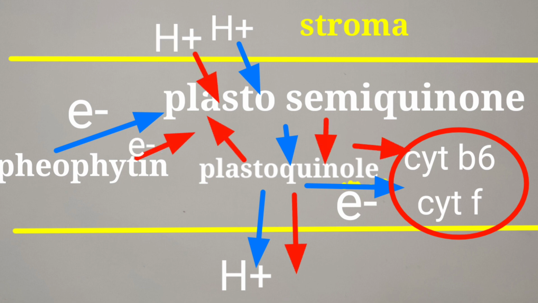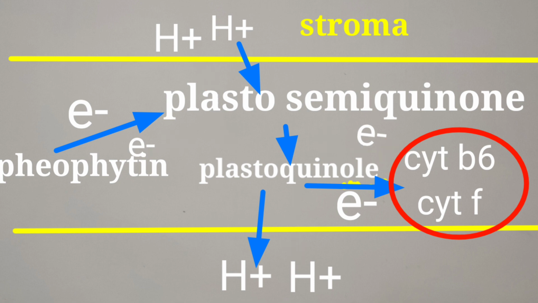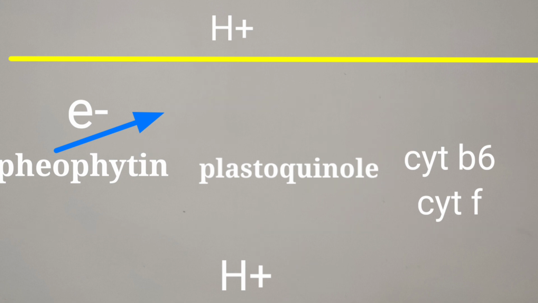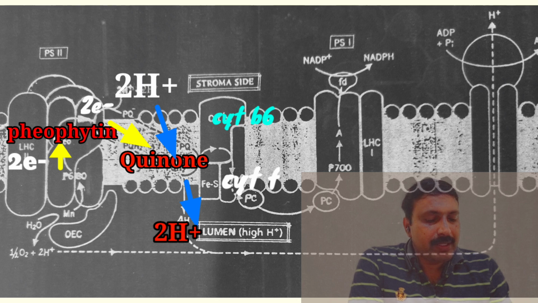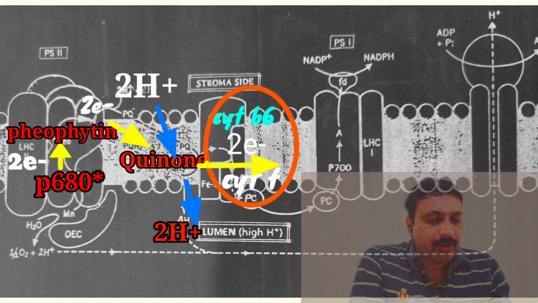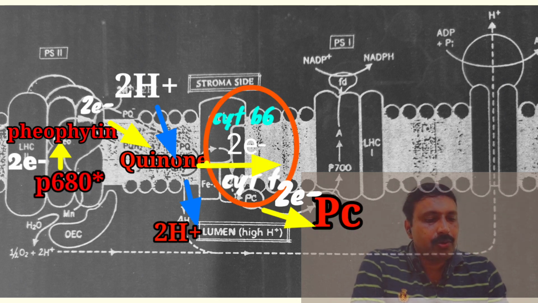Again this plastosemiquinone accepts one more electron from pheophytin and one proton from the stroma. Like that, finally it donates 2 protons into the lumen and 2 electrons into the cytochrome B6F complex. Slowly this cytochrome B6F complex donates a pair of electrons to plastocyanin.